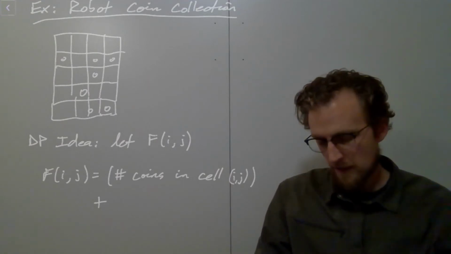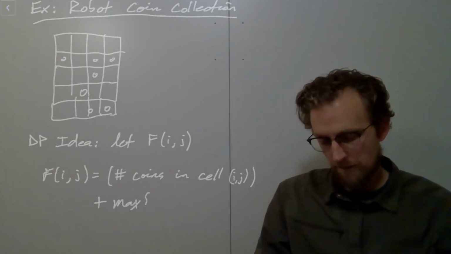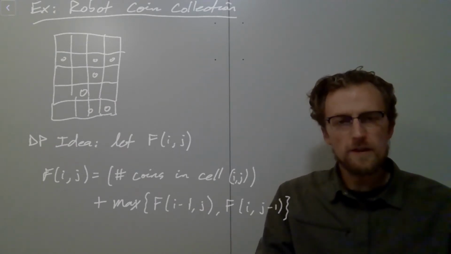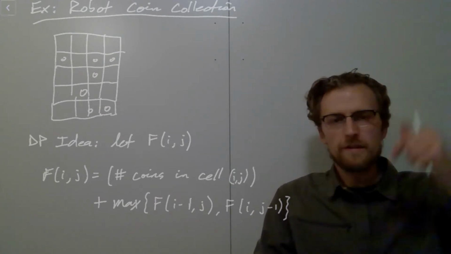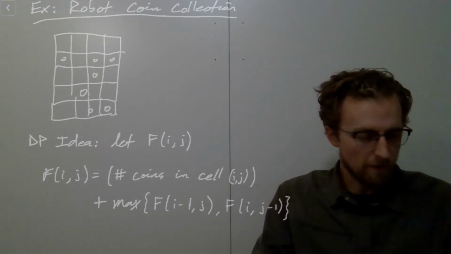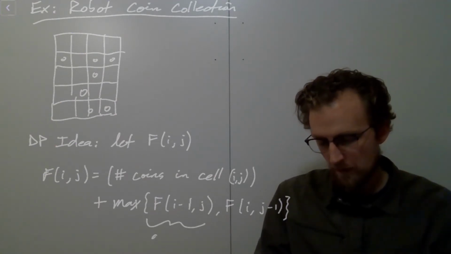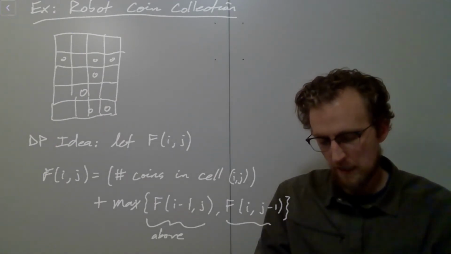So plus the max of f of i minus 1, j, and f of i, j minus 1. And you could modify this if you're also allowed to come in diagonally, right? You could modify it easily that way. So this is the most that I could get from above, and this is the most that I could get from the left.